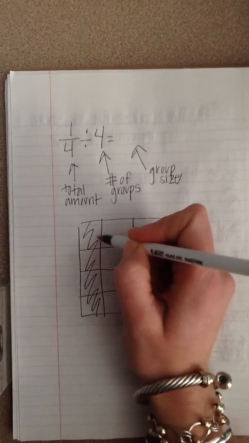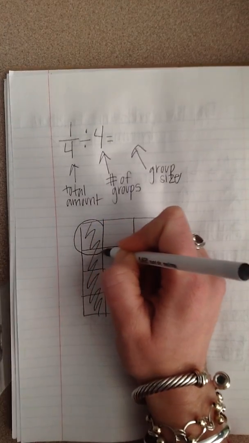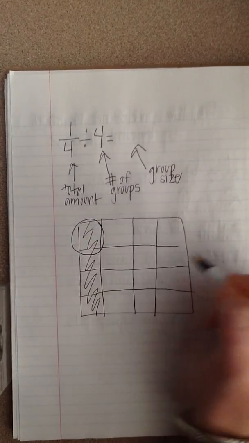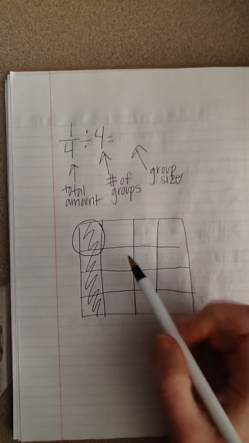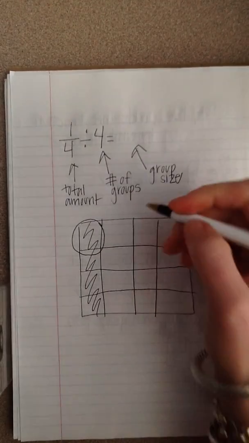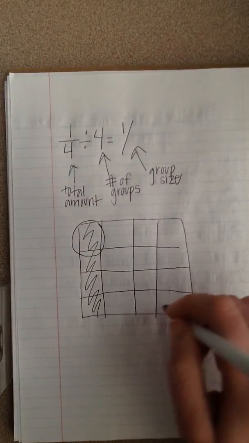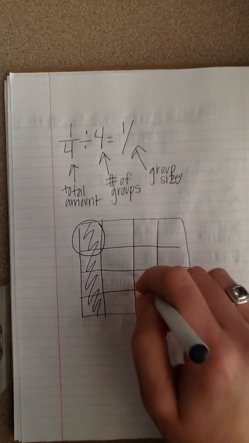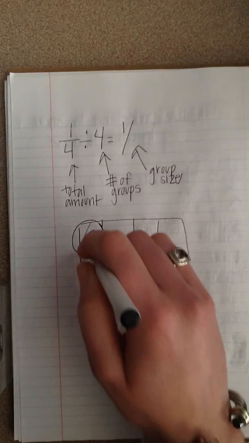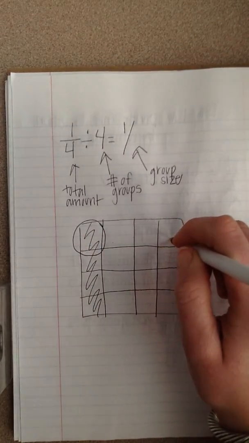Each person is going to get 1 of the total whole. So that means 1 out of 1, 2, 3, 4, 5, 6, 7, 8, 9, 10, 11, 12, 13, 14, 15, 16.